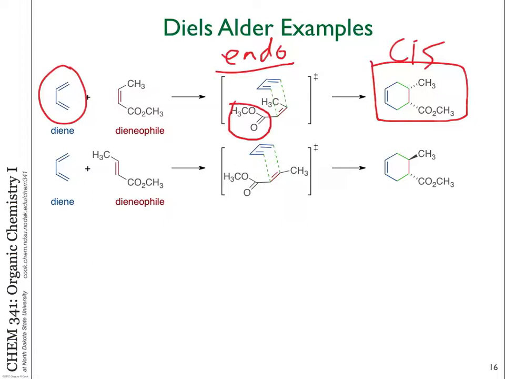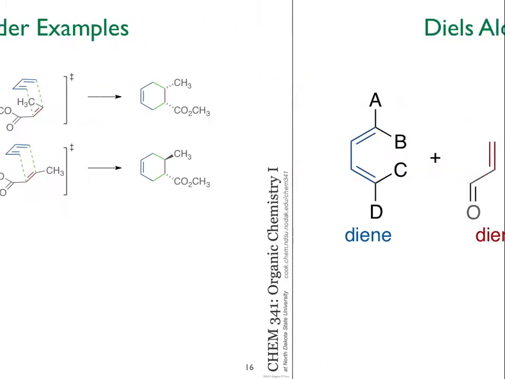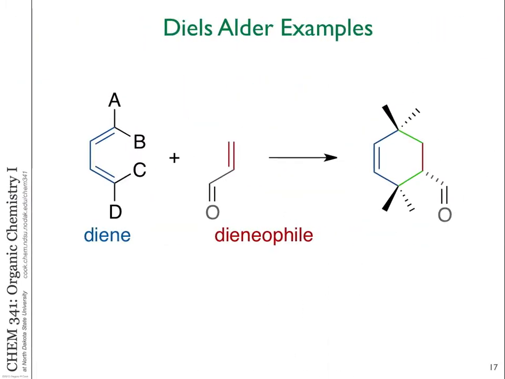Okay? Now let's look at some more examples of this with more group signs. So I added this slide. This wasn't in the handout, but I've just drawn generically a diene and a dienophile with a CO double bond. And there's the product. And let's say we have different substituents, A, B, C, and D, on the ends of the diene.